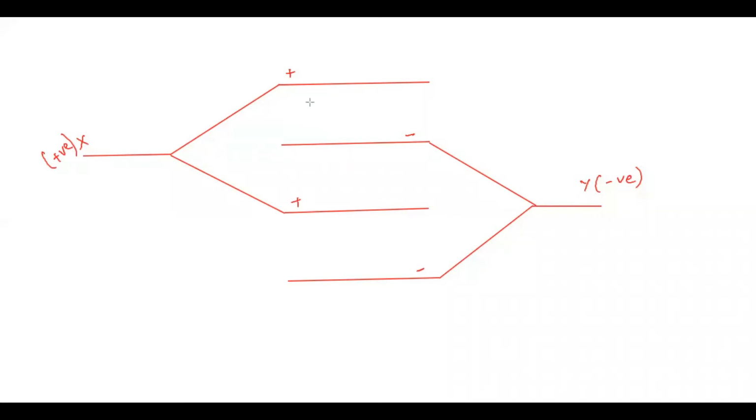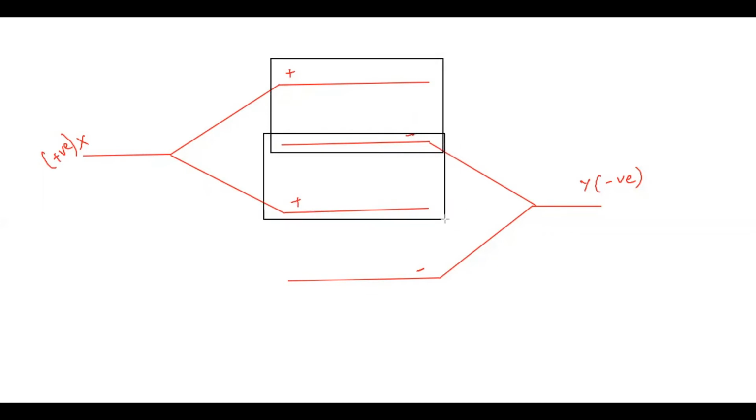So we see an arrangement, a parallel arrangement of 4 parallel plate capacitors. Right? So this is one parallel plate capacitor. Then we have another parallel plate capacitor in the middle, and then another one in the lower region.